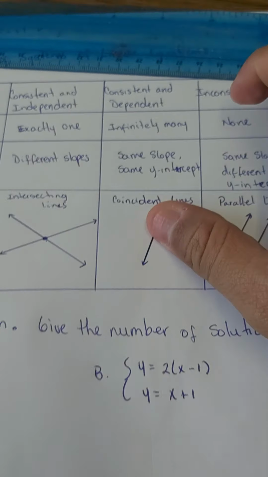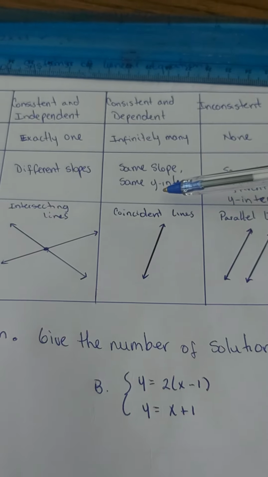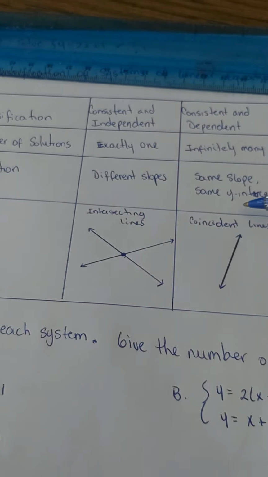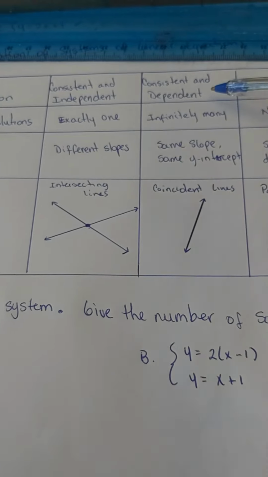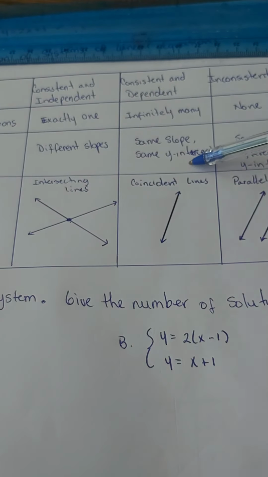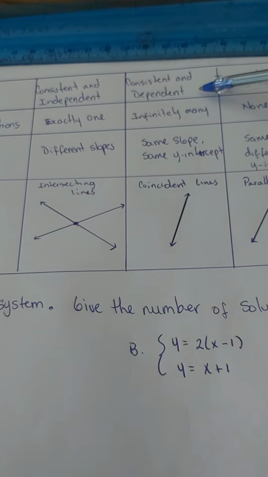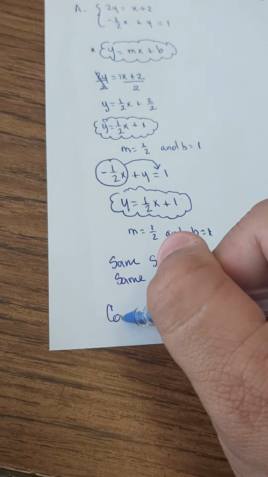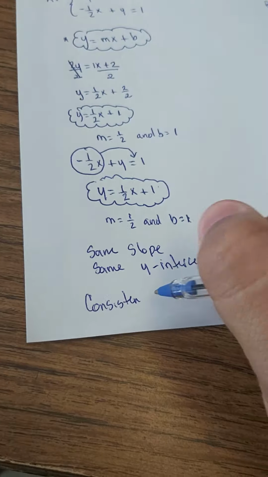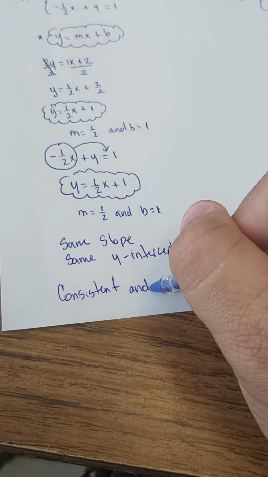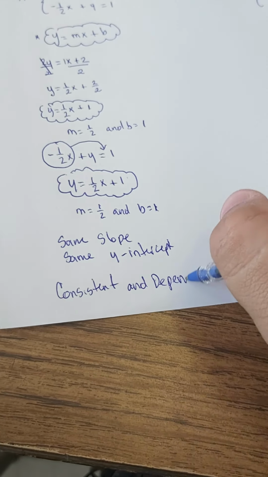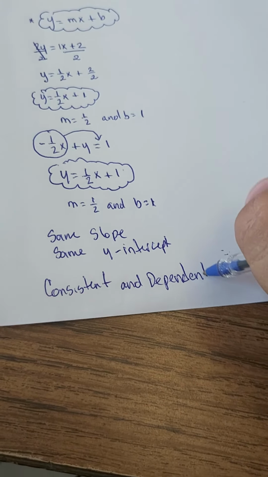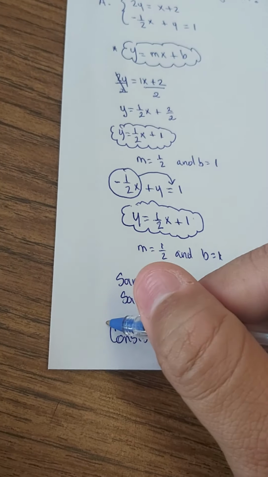Same slope, same y-intercept. What will be the classification of this? It will be consistent. Look, same slope, same y-intercept. It will be consistent and dependent. That will be the classification, okay?